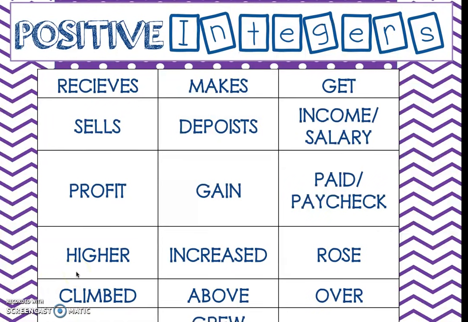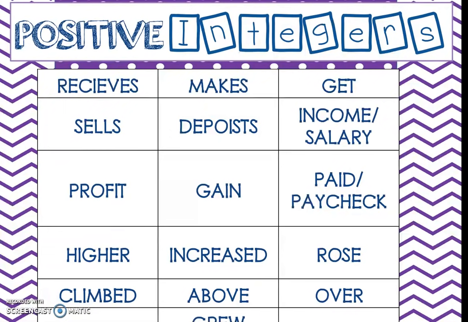Higher is going up, just like a positive. Increased or rose, like if the river rose 20 feet, it's going up, it's positive. If the temperature climbed, that's a positive. Above sea level or above 80 degrees, those mean positive.